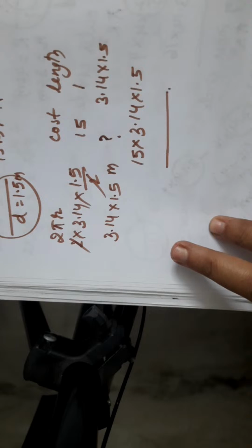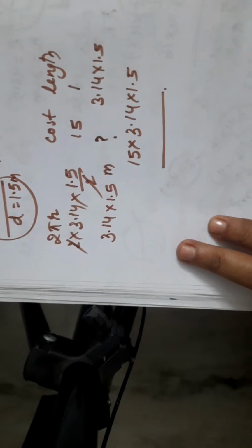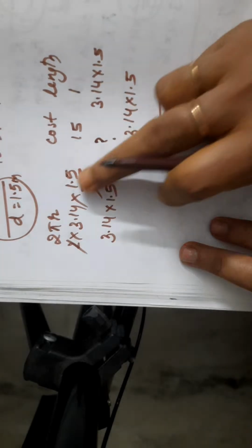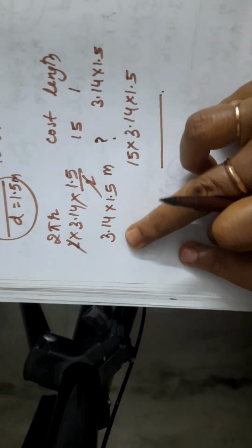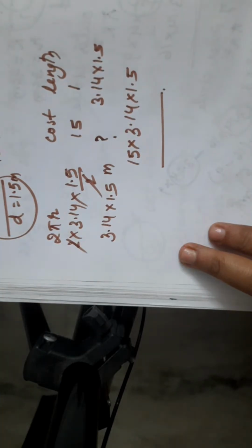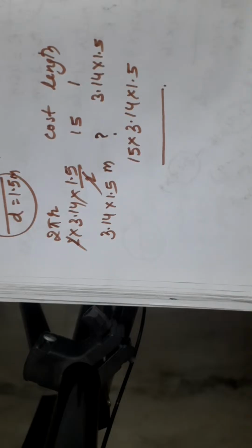Generally we use 22 by 7 when the radius is a multiple of 7, like 28, 14, 21. Other than that, here 1.5 is not a multiple, so we are going to use 3.14. Moreover, in the question they will mention whether you need to use 3.14, or if it is not given, 22 by 7 is to be taken.